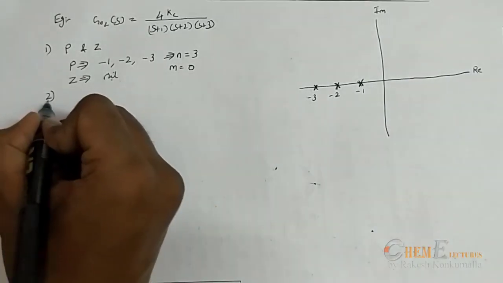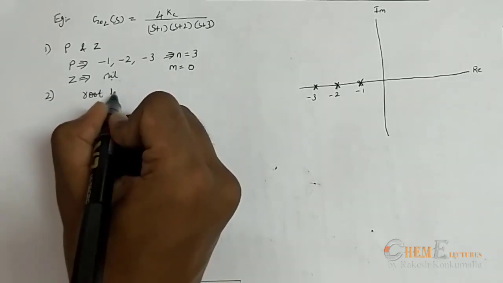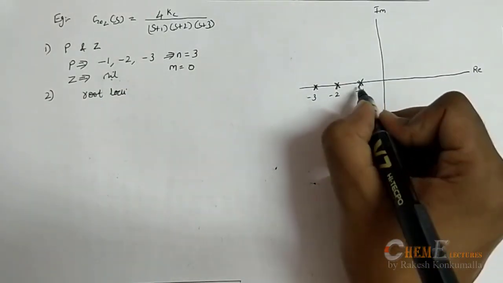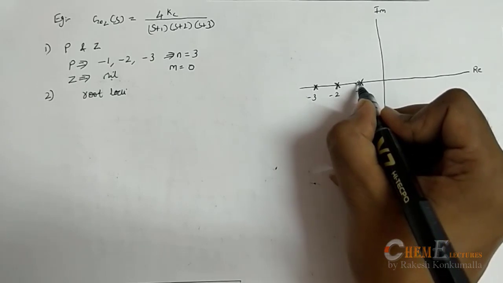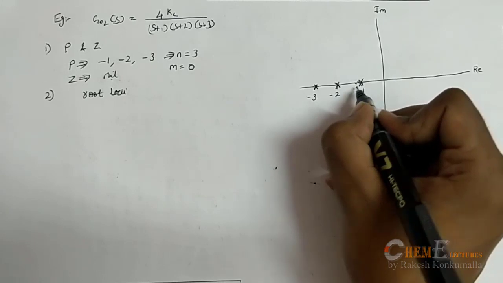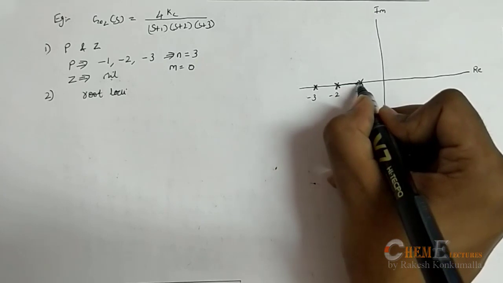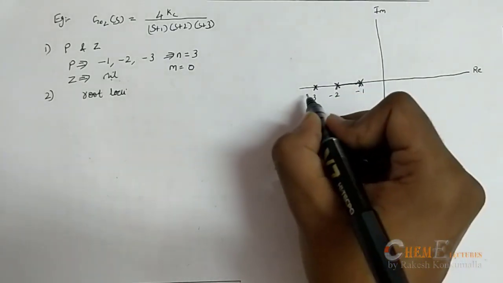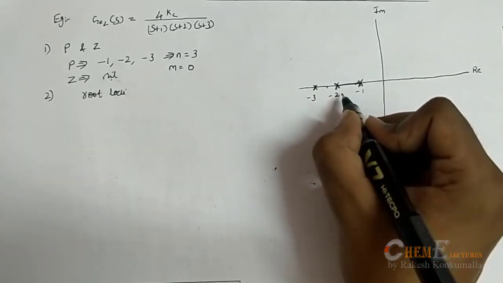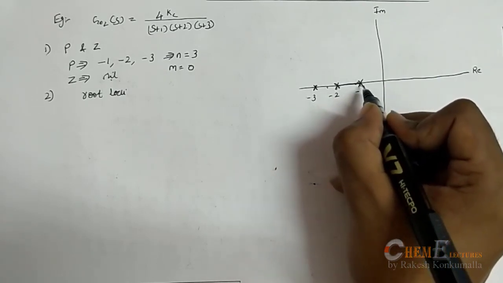Now the second step is to find the root locus on the real axis. If I take a test point here and look towards the right side, I can see only one pole, which is an odd number. Then from -1 to -2, this comes under root loci. If I take a test point here, the number of poles and zeros to the right totals 2, which is an even number.